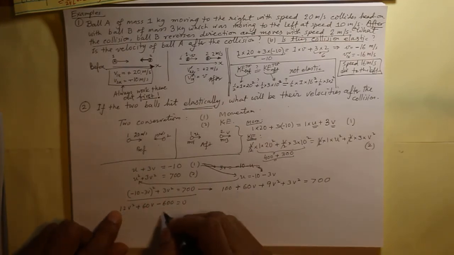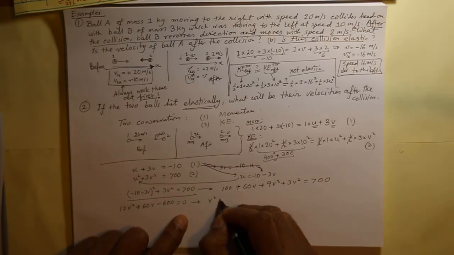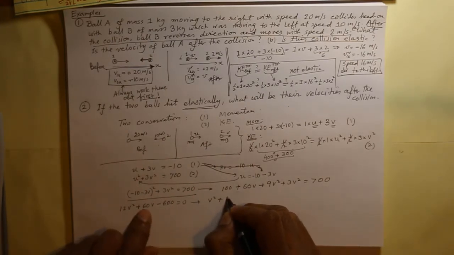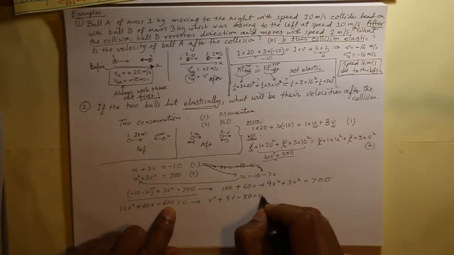You can see I can divide by 12 everywhere, so I get v squared plus 5v minus 50 equal to 0.